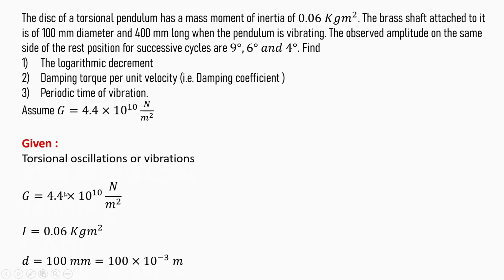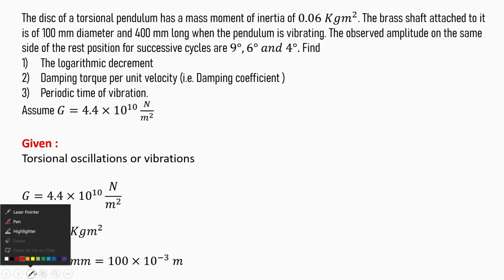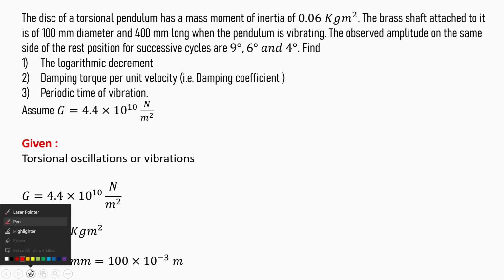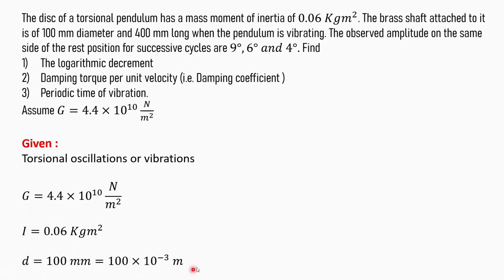So capital G is 4.4 into 10 raised to 10. Mass moment of inertia is 0.06 kg meter square. Then the shaft diameter is 100 mm; convert mm into meter, so we have multiplied by 10 raised to minus 3. Length of the shaft is 400 mm, that is 400 into 10 raised to minus 3.